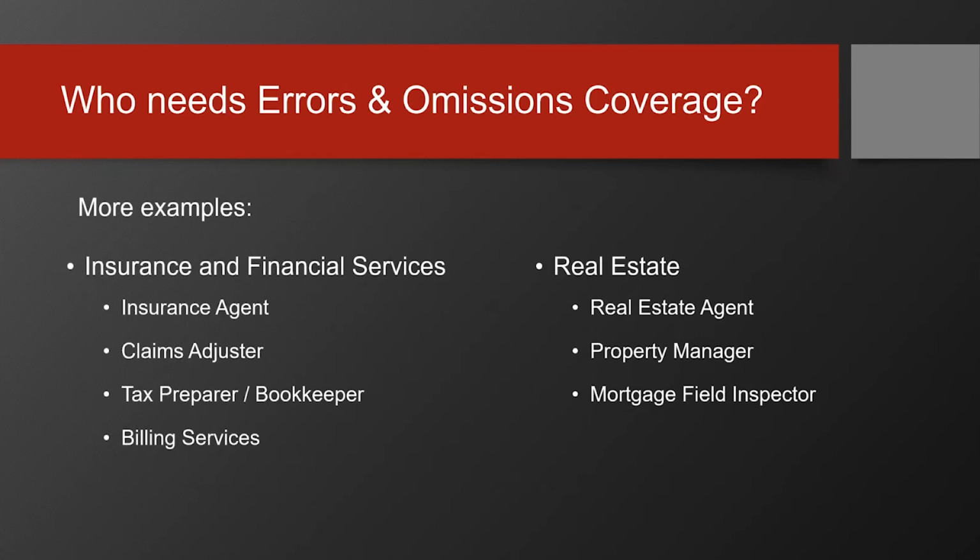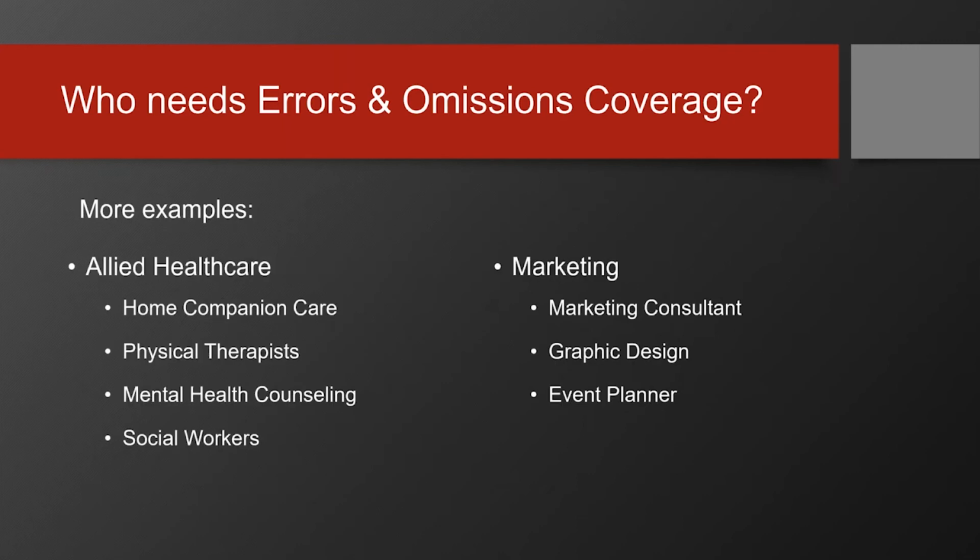Real estate agents, property managers, for a while there, mortgage field inspectors were something that we saw a lot of, property preservationists, that type of classification. Home health care is another one, or even the whole allied health industry has exploded over the last 5 years.